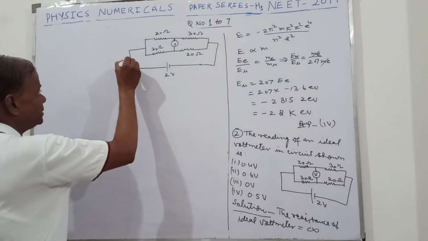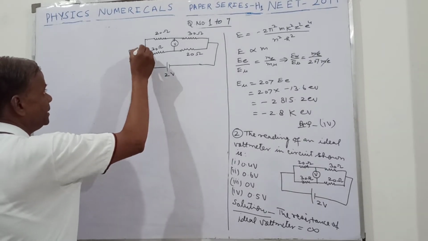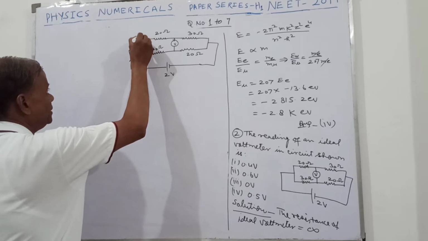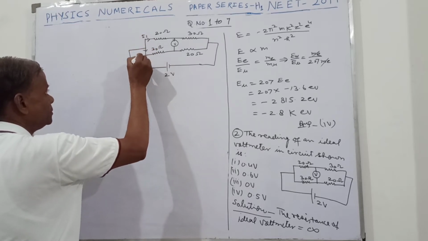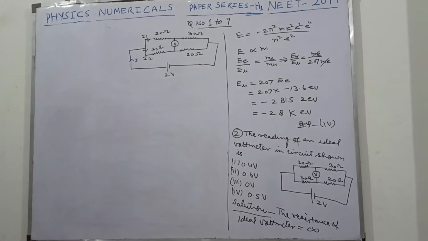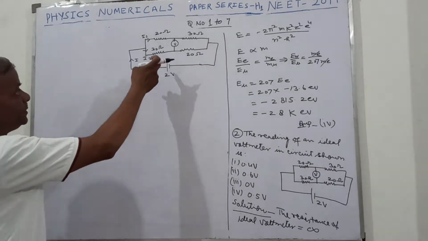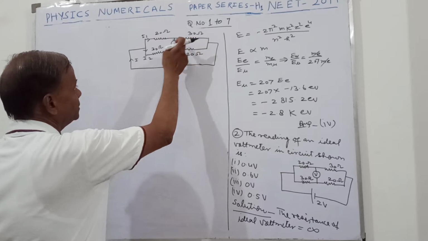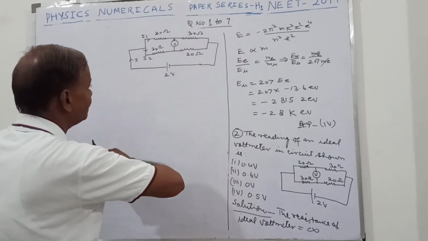Let the current here be I, divided in 2 arms as I1 and I2. Leaving this voltmeter, this is now 50, this is now 50.